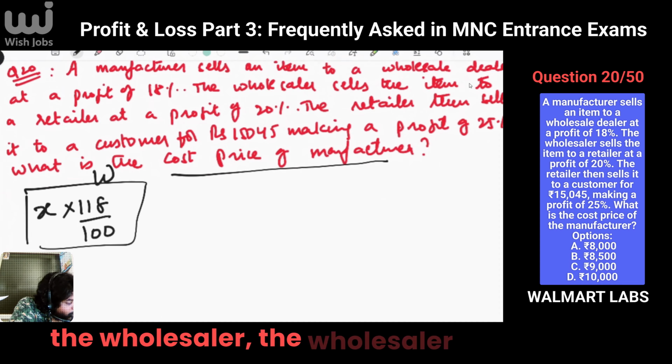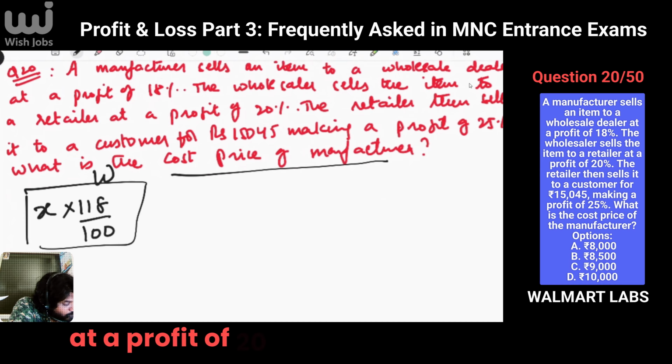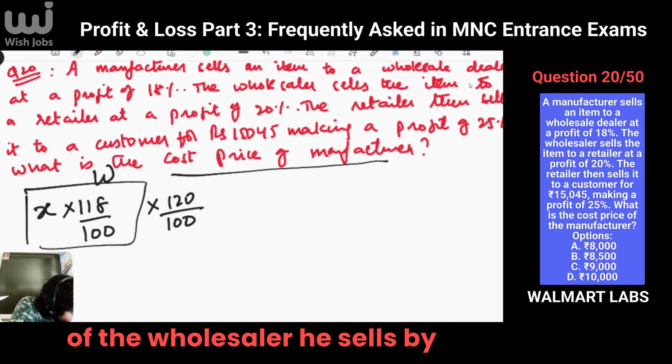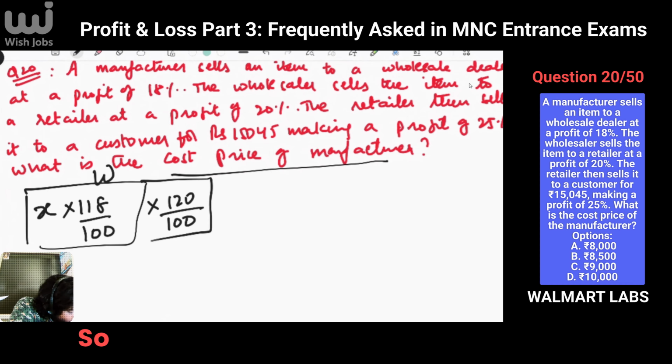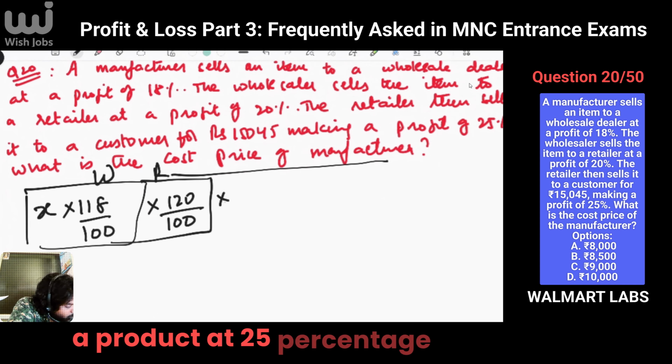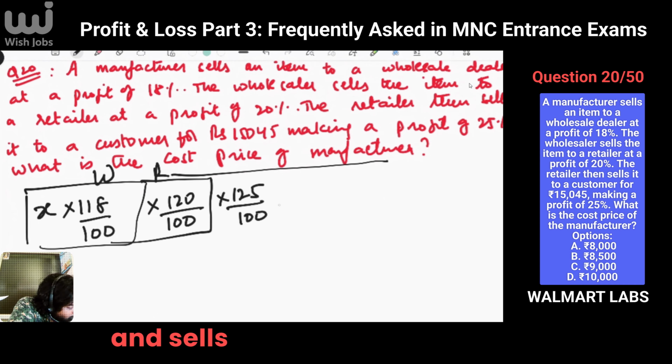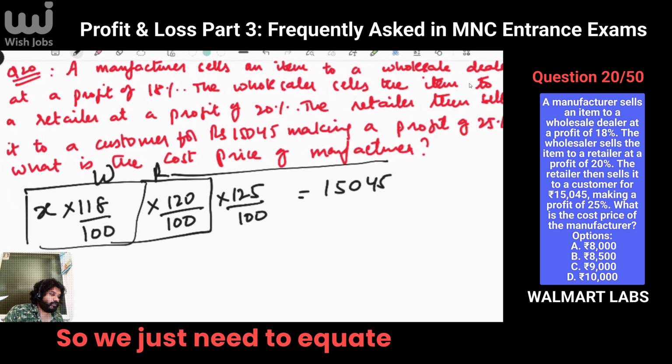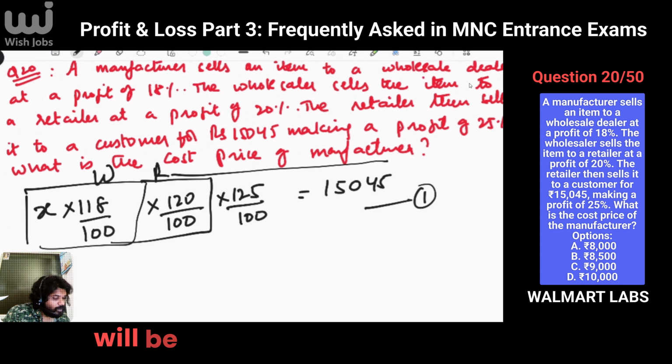The wholesaler sells the item to a retailer at a profit of 20%. Whatever is the price of the wholesaler, he sells by making a 20% profit. So this is the retailer price, and the retailer then sells the product at 25% profit for 15,045. So we just need to equate this equation, and we will get the value of X, and X will be the cost price of the manufacturer.